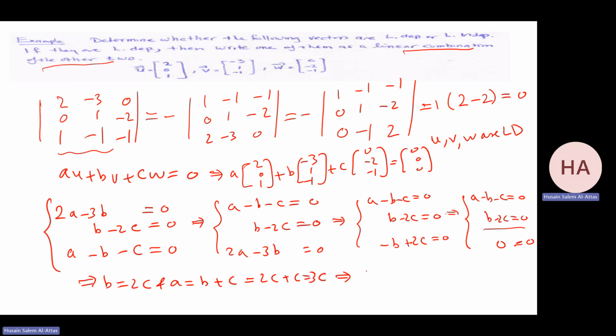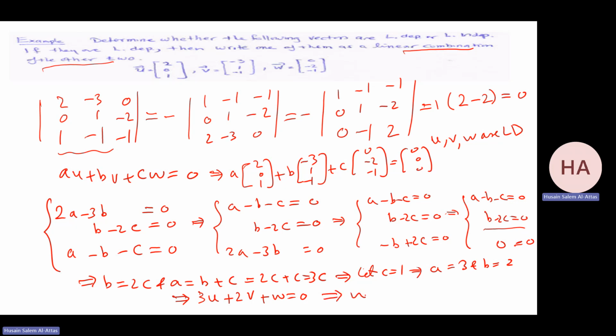That means if I let C equal 1, then A will be equal to 3 times 1, which is 3, and B is equal to 2. So the relation which I have is 3U plus 2V, where B is V, plus W is equal to 0.